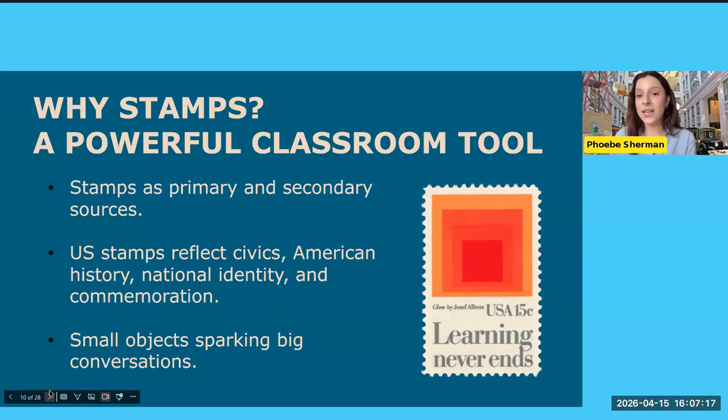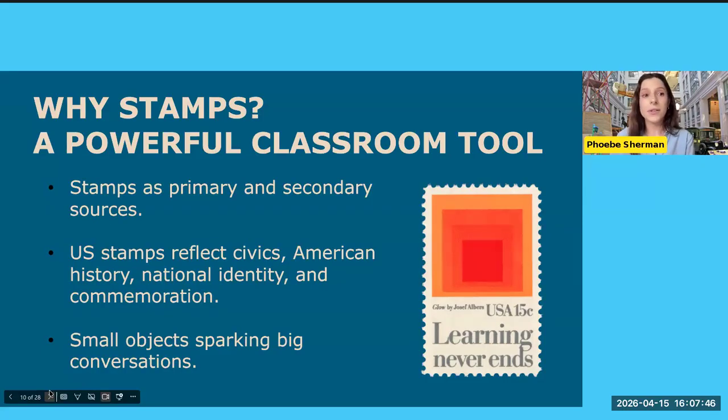So as we start to get into some of these big ideas connecting to the 250th and civic engagement stamps, I want to take a moment to first ground ourselves in the why behind the objects that we're going to look at today, and thinking about why stamps, because that might be something you might not have considered incorporating into your teaching practice before. So I like to think of stamps as opportunities to be both primary and secondary sources.